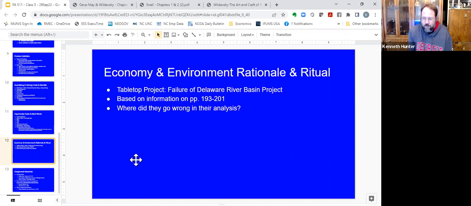That's really what we should cover with respect to chapter 8. The question that I'll ask for a response from the audience is, where did the policymakers go wrong in their analysis in terms of this project? That's very important for us to understand.